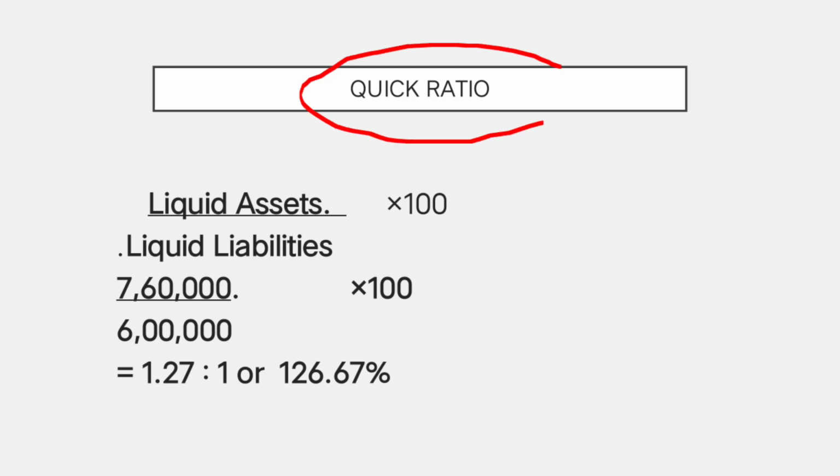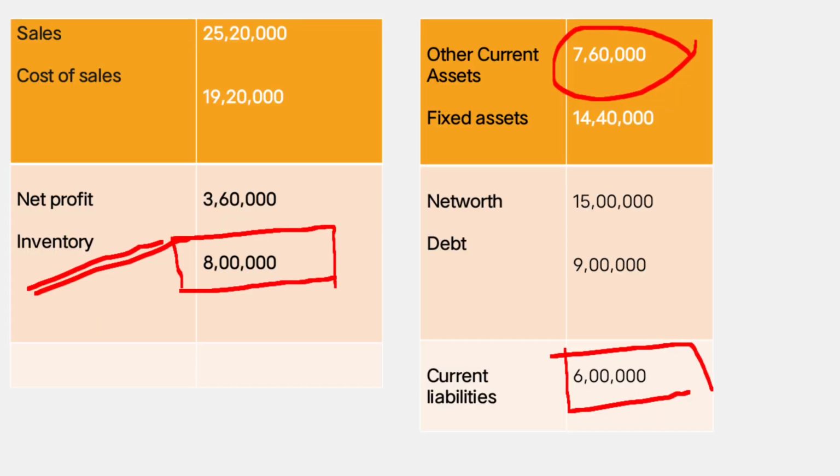Next one is quick ratio. It is also known as liquid ratio. Quick assets, or liquid assets, divided by quick liabilities into 100. We have current assets 7,60,000 and inventory 8 lakh.